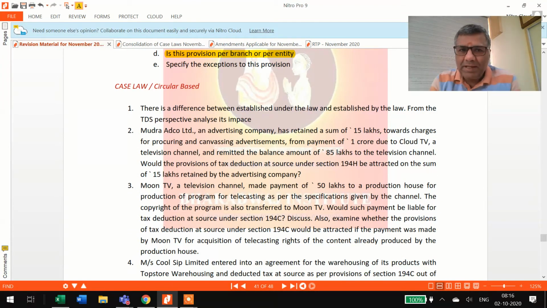Hence, some case law or circular based question, so that we are comprehensively clear before we progress. There is a difference between established under law and established by the law. From the TDS perspective, I am talking about the payment to Noida and the Canara Bank case law here.